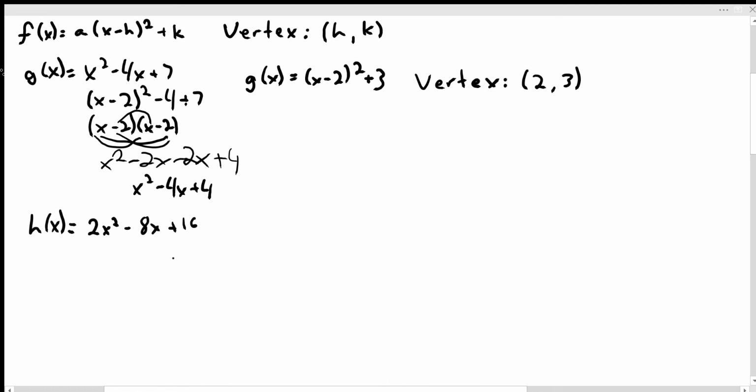So to begin with, what we want to do is factor this leading coefficient 2 out of our first two terms, the 2x squared and the negative 8x. So let's look at what that will become. We'll have 2 times x squared minus 4x. And then last of all, we'll have our plus 16.